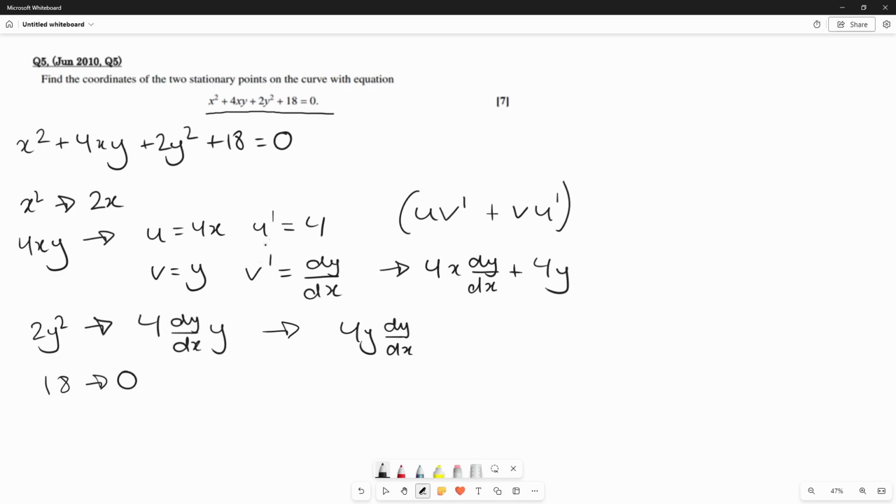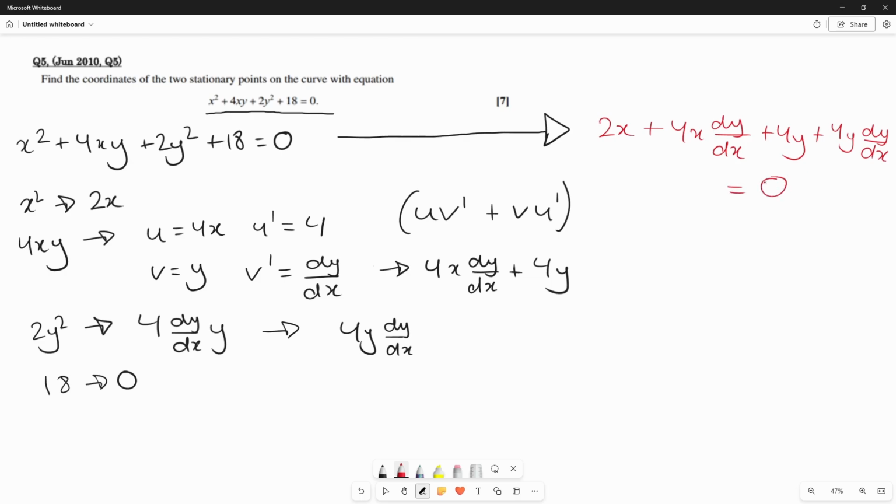So when we differentiate this equation, we get the equation 2x plus 4x dy by dx plus 4y plus 4y dy by dx equals 0, because when we differentiate the 0, it remains.